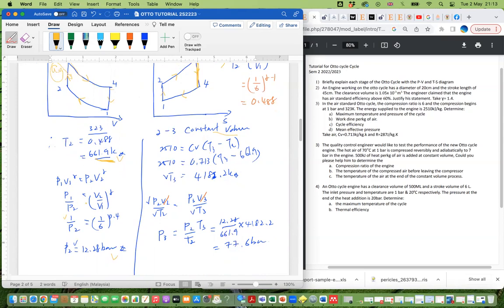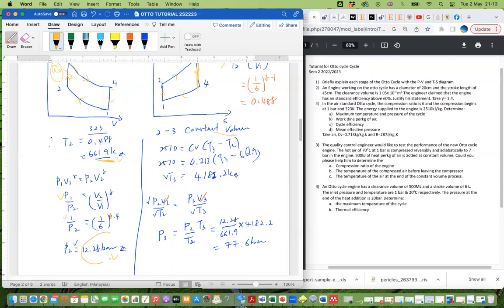So we have the P1, the P1 is given. The P1 is 1. We can use 1 over 6 for V2 over V1, and gamma is 1.4.